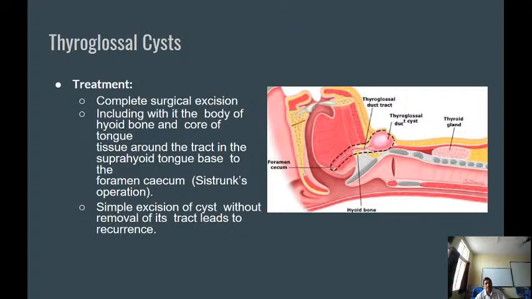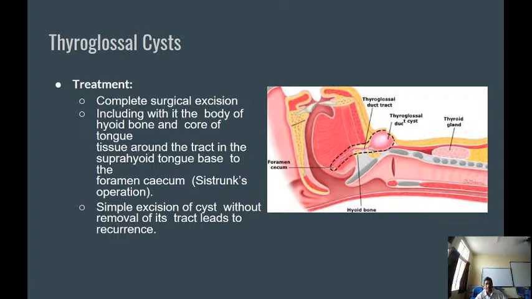And once you make a diagnosis of a thyroglossal cyst, the operation is called the Sistrunk operation, wherein you excise the entire cyst along with the tract right up to the foramen cecum, and it is closed. If you remove only the cyst, then recurrence is always the problem, a common complication of the thyroglossal cyst, and it forms a thyroglossal fistula, which is much more of a nuisance.